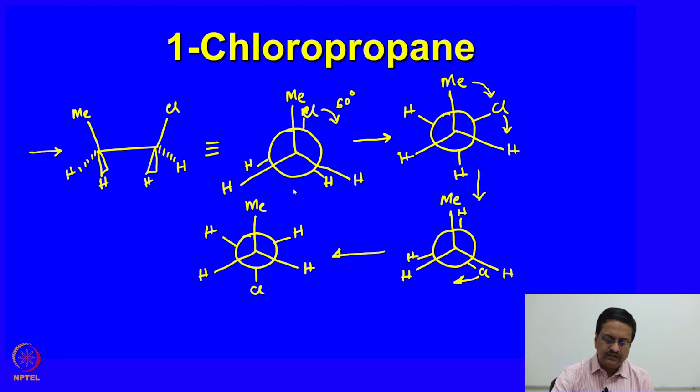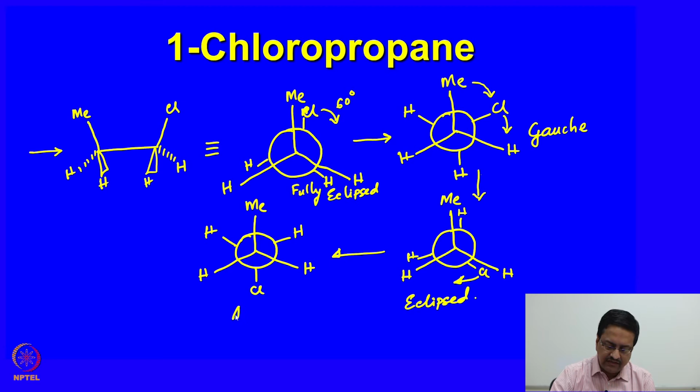So this one is fully eclipsed. This is gauche. This is partially eclipsed. And this is the anti-conformation.